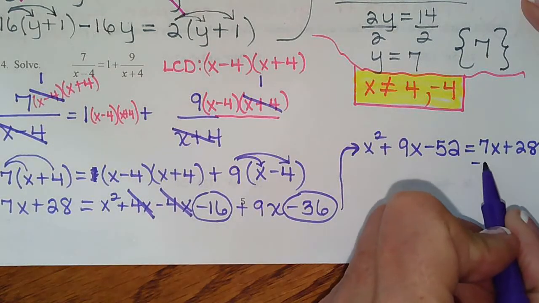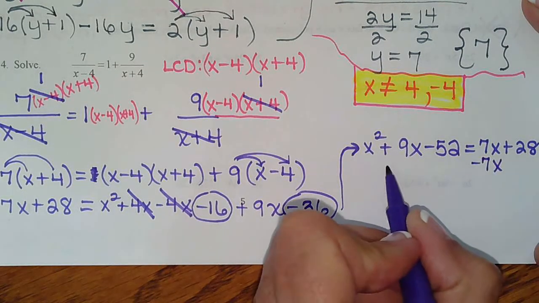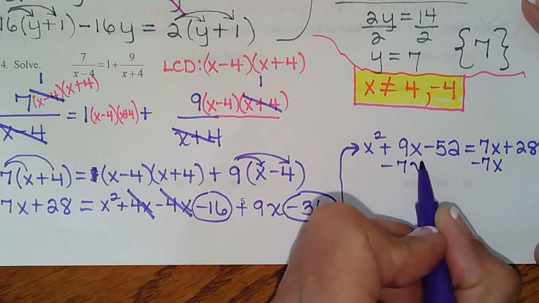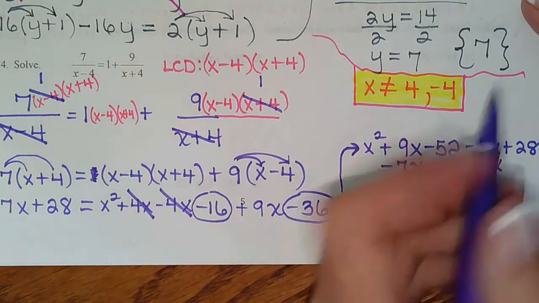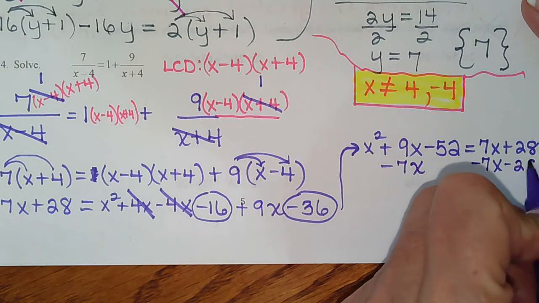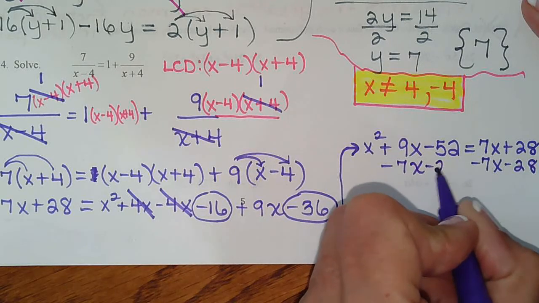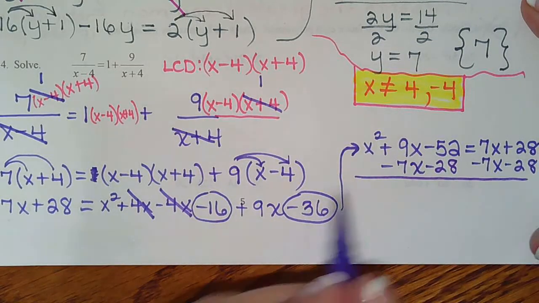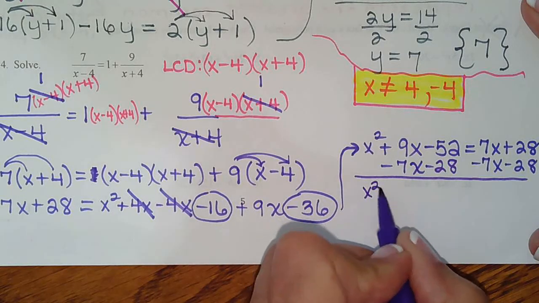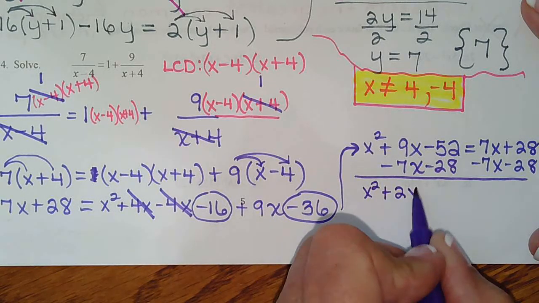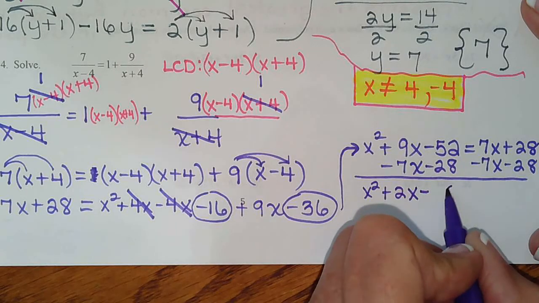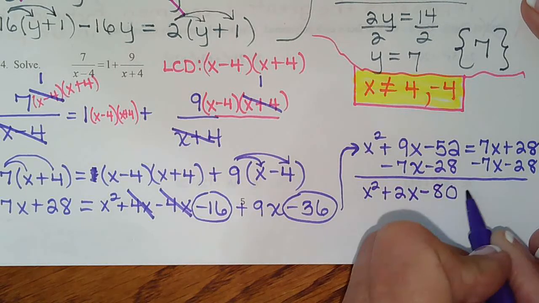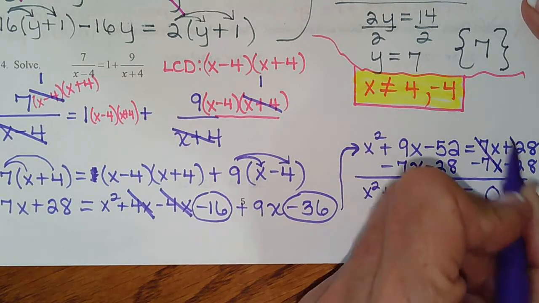So that means minus 7x, because all the x's need to move left, and all the numbers, minus 28, minus 28. So that's going to leave me with x squared plus 2x minus 80 equals 0.